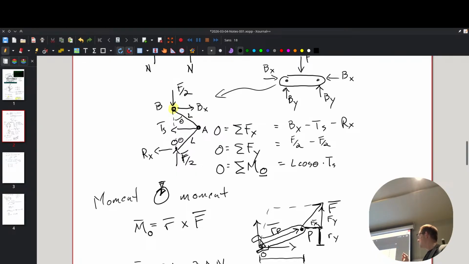All right, what about BX? That top BX, how much torque does that want to create? It's going to be negative 2L cosine theta times that BX.